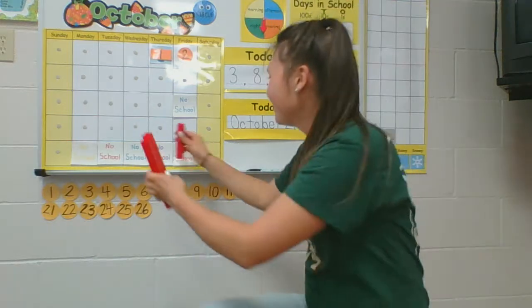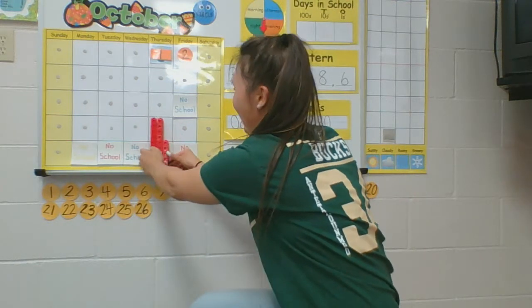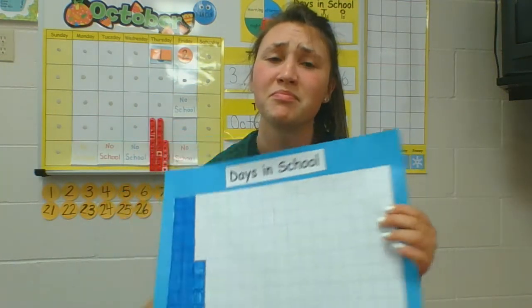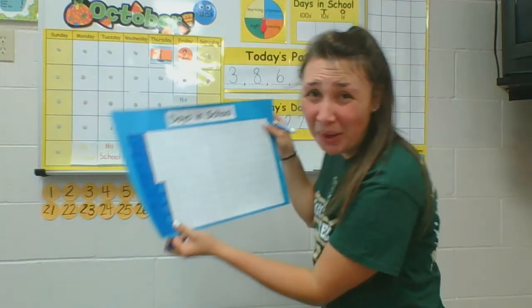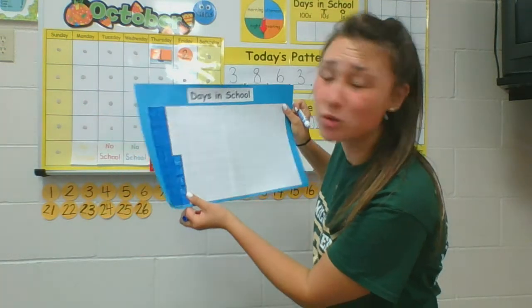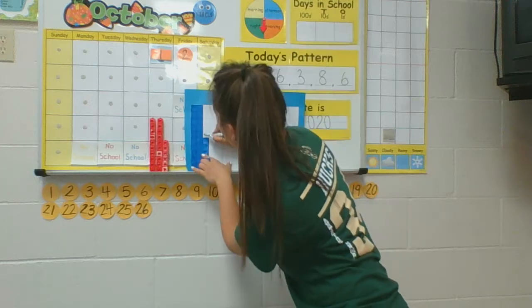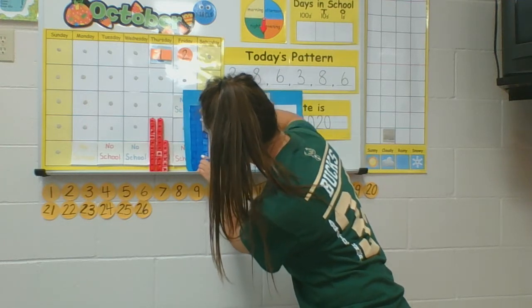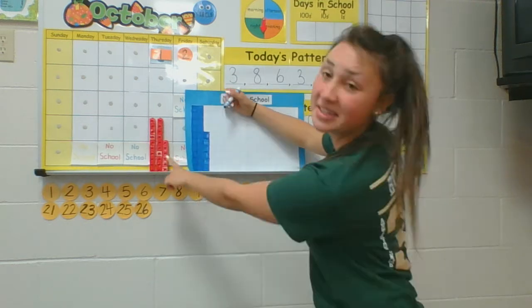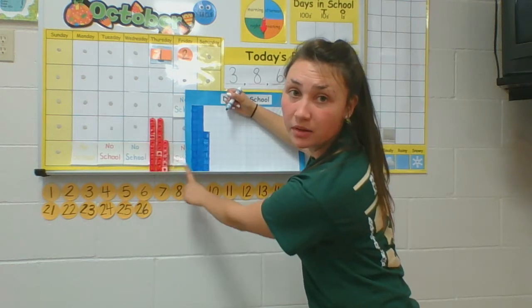All right. And soon one of you will be able to fill this in for me, but for now I will do it. And I will be coloring in the 26th day in school square, which will be right here. Looks just like the towers, right? In the same shape.